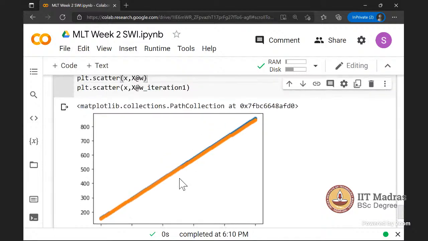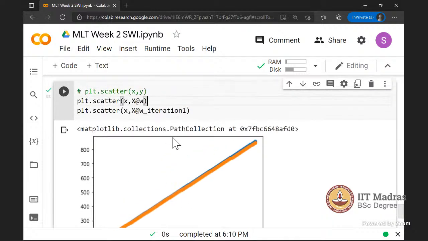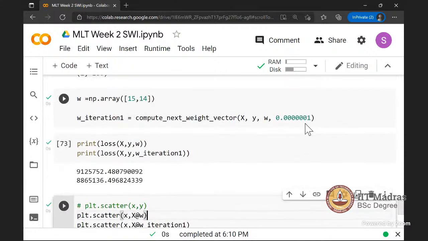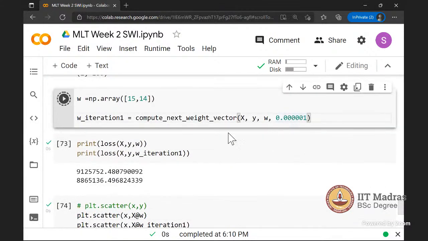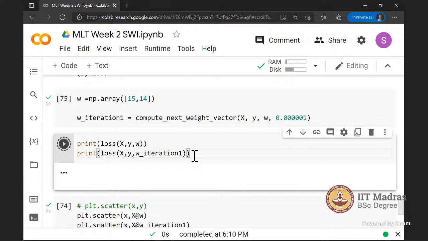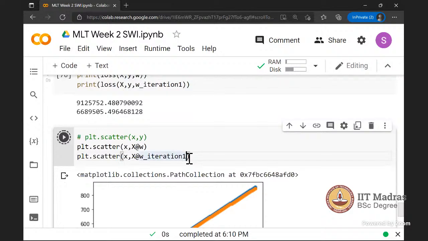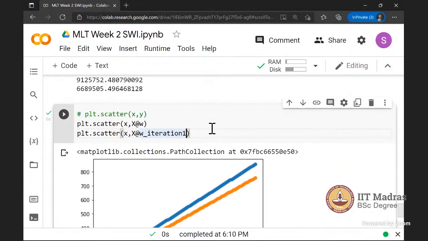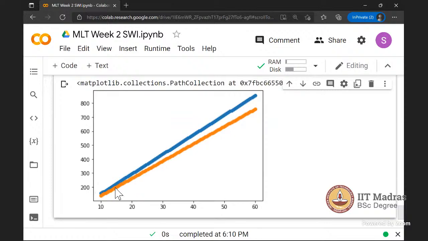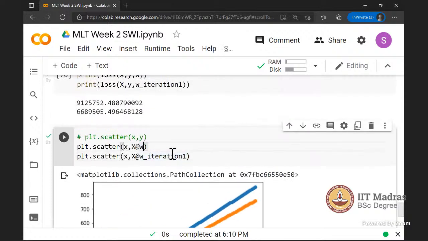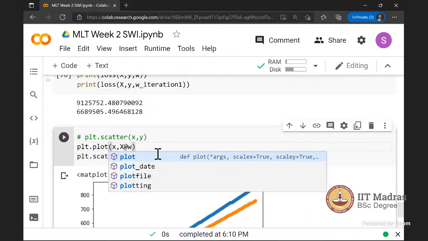First, I think we should make the difference even slightly bigger. Let's see what happens. Now I think it is making sense. There it is. I should put the label also.